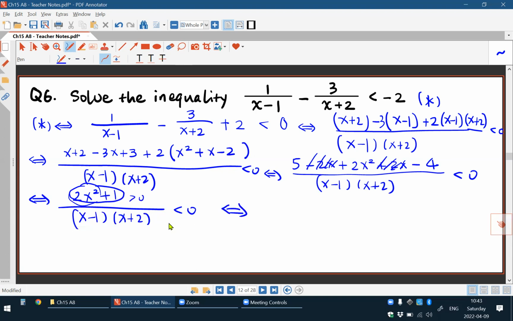So if we divide both sides, we don't change the inequality symbol here, right? So this is equivalent to 1 over (x - 1)(x + 2) less than 0. And again, because the numerator is positive and the ratio is less than 0, that means the denominator must be less than 0.